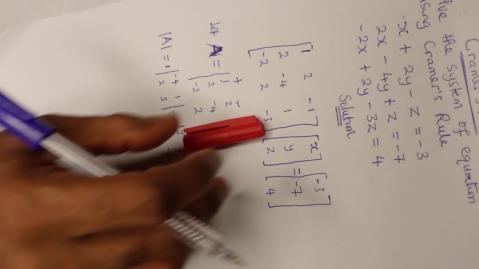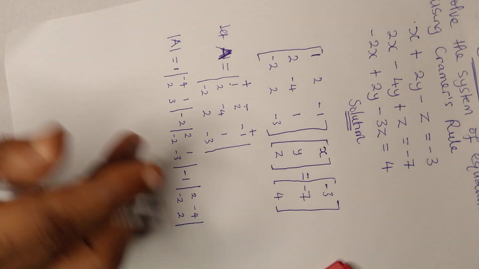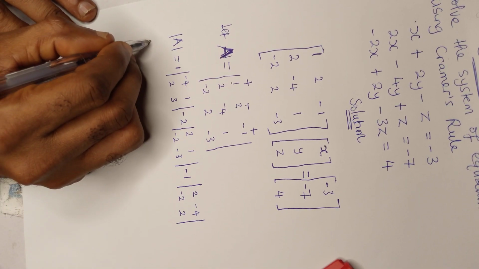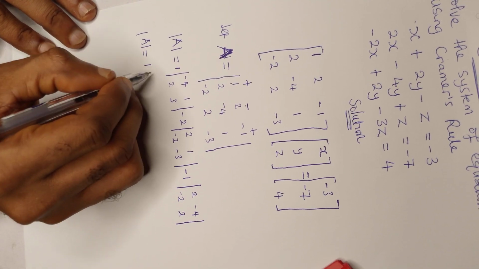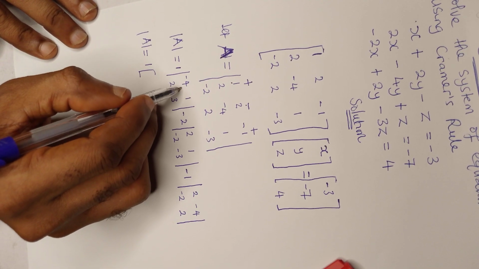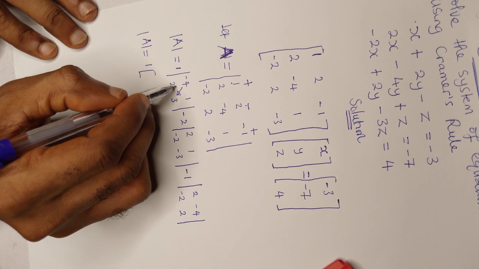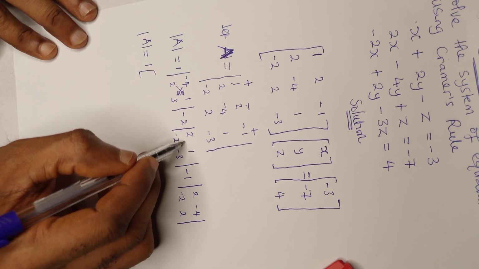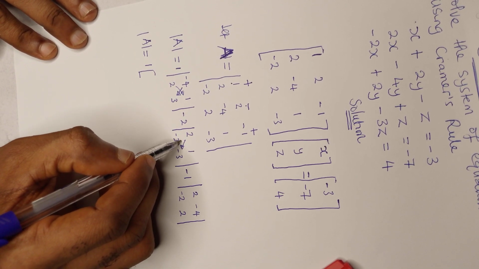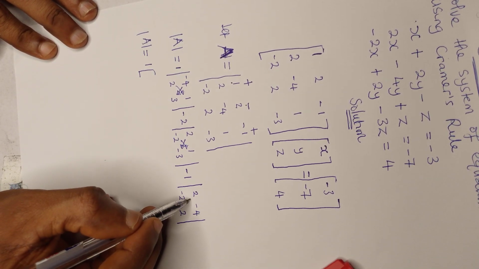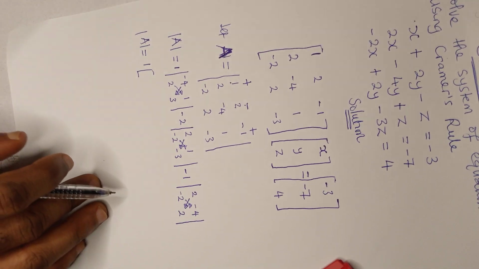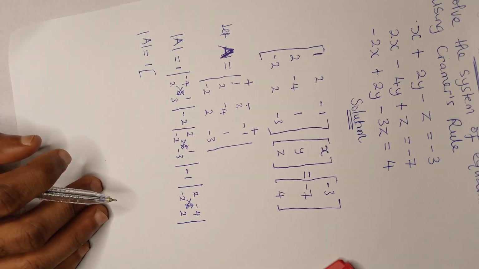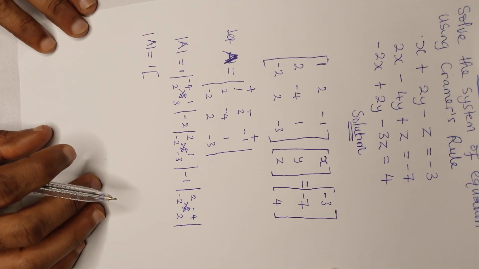Okay. So since we've gotten that, we can now solve it out. So our determinant A now will be equal to, we have 1 into, it will be this times this times this times this first, this times this second, this times this first, this times this second. So that is how the flow will be.